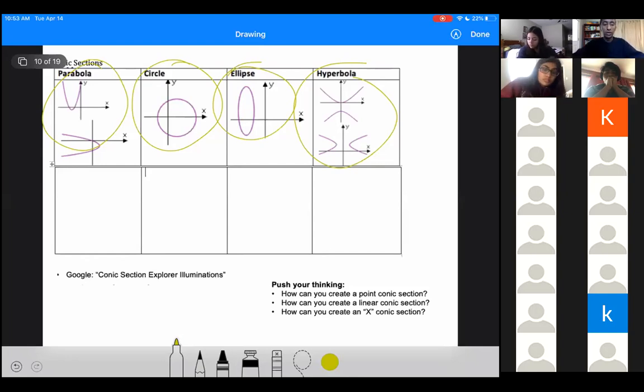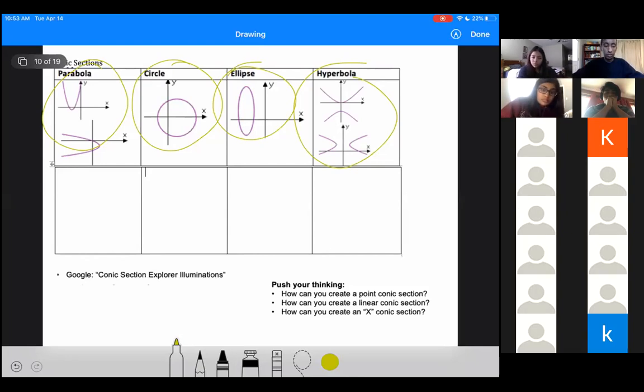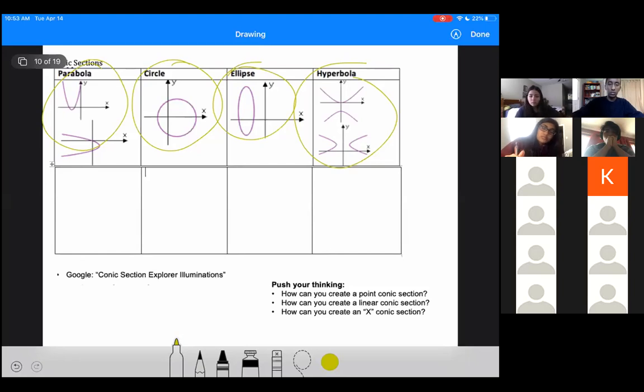So go on Google, and I'm going to share my screen so you can see what I'm doing, and type conic section Explorer illuminations. Like on your computer, go on Google and type conic section Explorer illuminations. This right here. Mr. T, we can't see your screen.